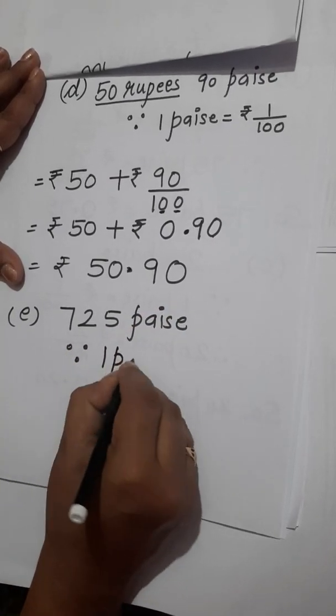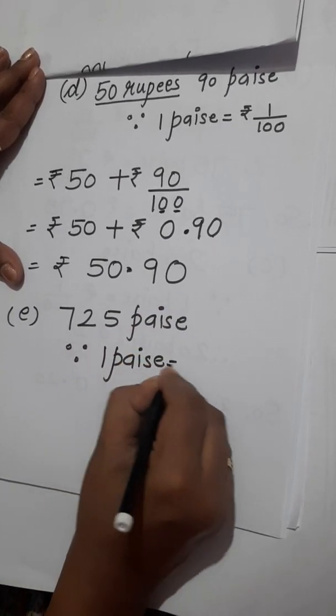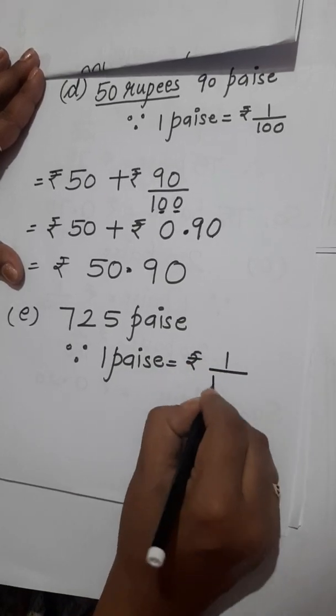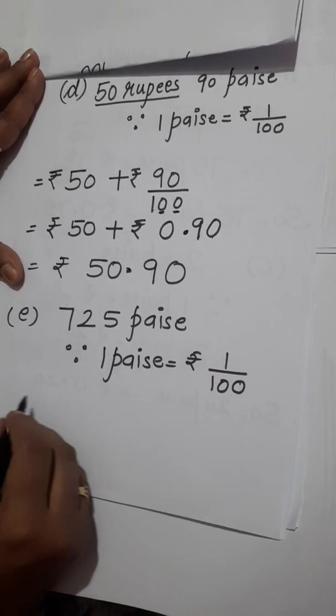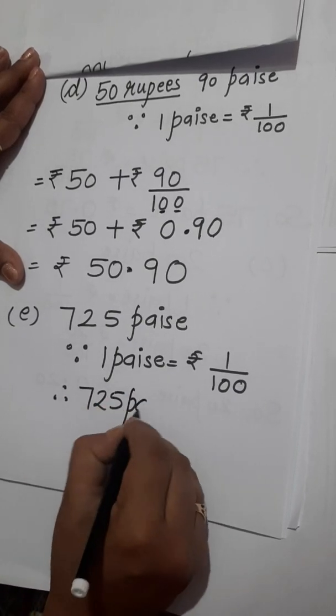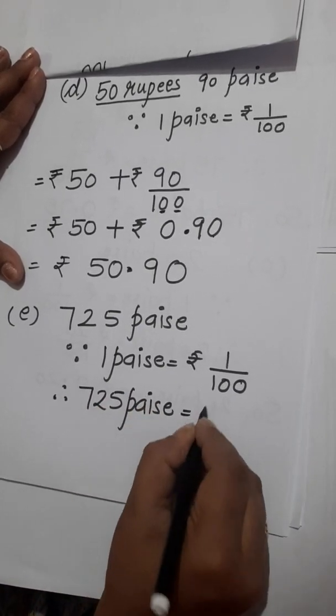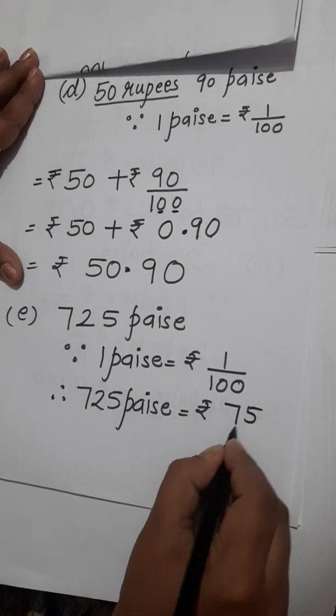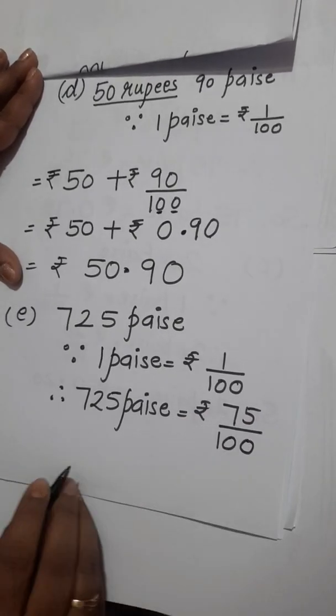Since 1 paise is equal to rupees 1 upon 100, therefore 725 paise is equal to rupees 725 upon 100.